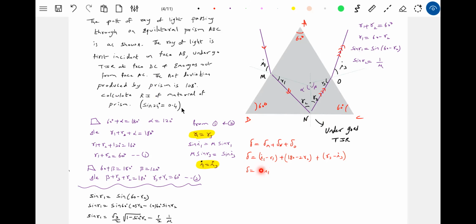I will rewrite this. I1. This will be R1 plus R2 plus 180. This one, R2 I'll split up. R1 plus R2 is one, another R2 and R3, minus R2 plus R3.